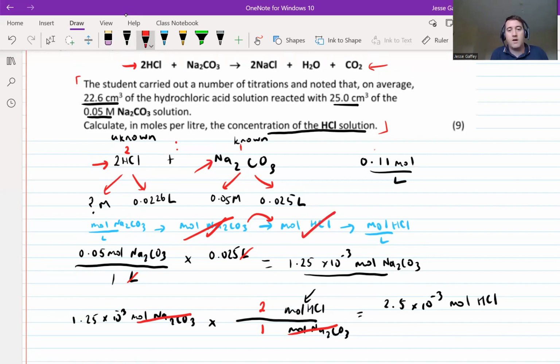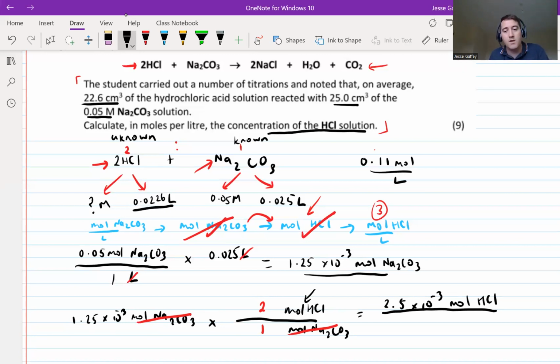So I'm going to do this now as number 3. So this is step 3. I've got moles of HCl. I've got this bit. That's what I found here. But I want it to be moles per liter. So how do I do that? Well, I put it over the number of liters that this was in. So this was 2.5 times 10 to the minus 3 moles of HCl, but this was in a certain volume.